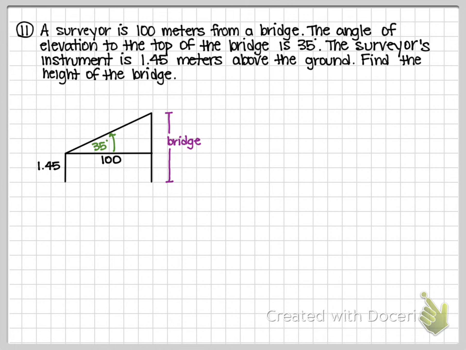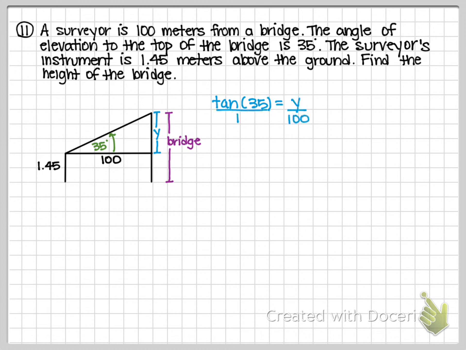So if I do that, let's go ahead and color code that as y. That's only going to be there. So see if you can solve for y. If you want to try it now, pause. I am going to go ahead and talk through it though, so if you want to follow along. Okay, so that's going to give me tangent, using my ratio, I have opposite and adjacent, of 35 is going to be equal to y divided by 100.